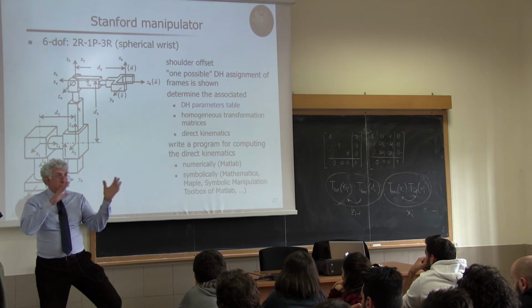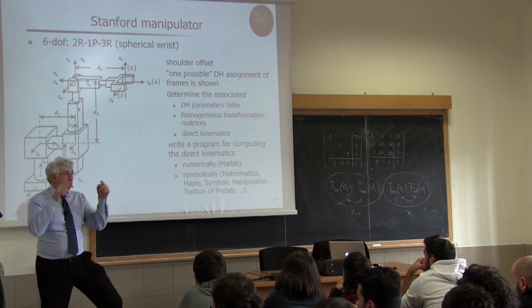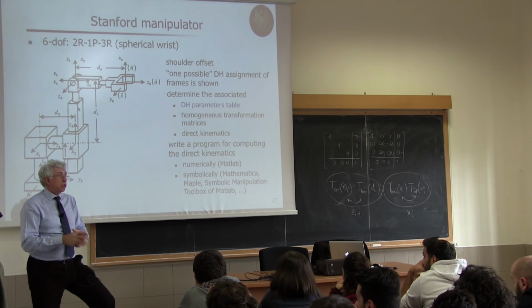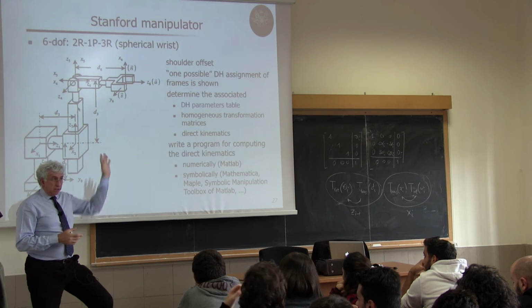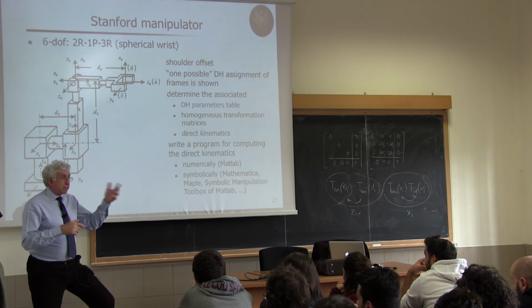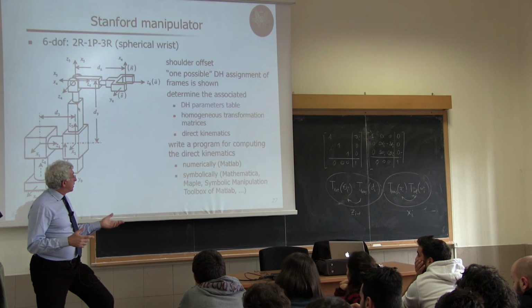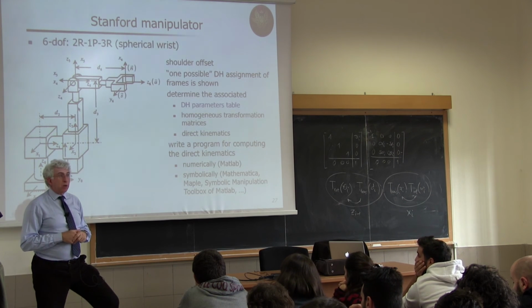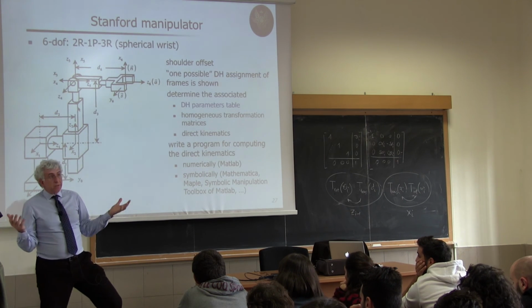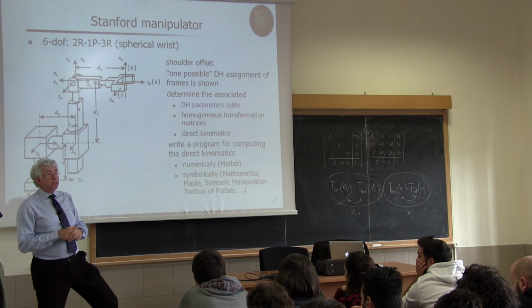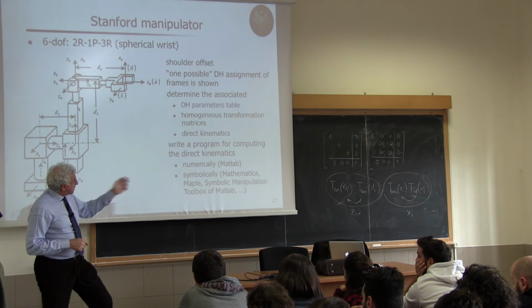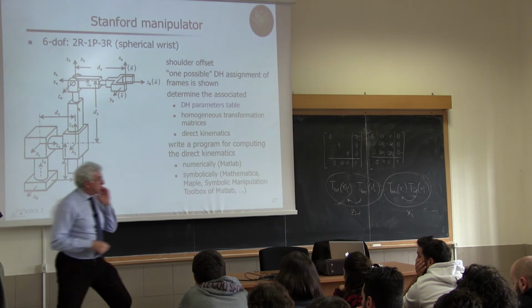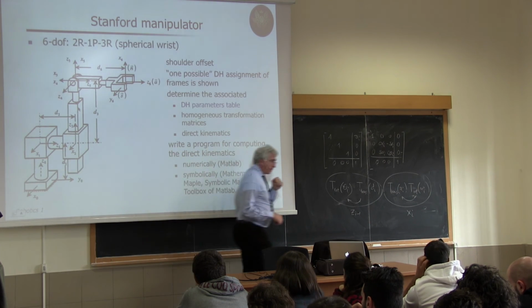So these are transformation matrices that you evaluate with numbers, in a given configuration with given data of the constant parameters. So the lengths of the links are included there. And so you can compute numerically some output. Or you want to have the symbolic expression like we did before. And in that case, you need some symbolic manipulation toolbox.